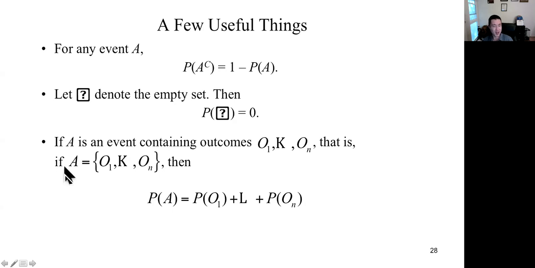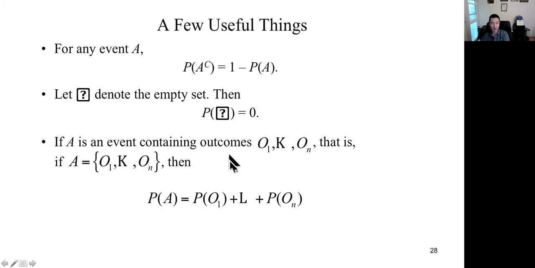Again, very sorry. If A is the event of O1, O2, up to On, then P(A) is equal to P(O1) plus P(O2) plus P(O3) plus up to P(On). So these are outcomes.